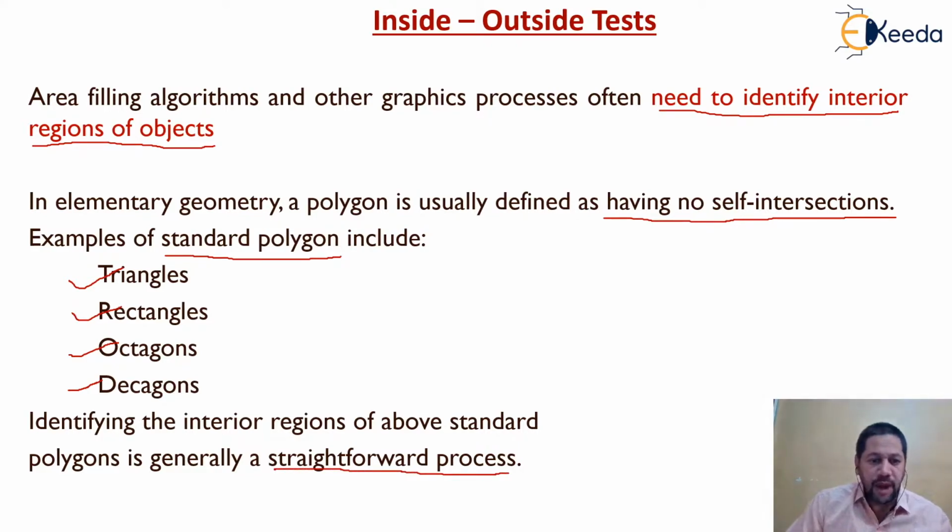If my polygon is a standard polygon, it may be a triangle, rectangle, square, or other types. Then identifying whether a region is inside is a very easy process, and accordingly we can fill this polygon. But now we are considering the special case here.